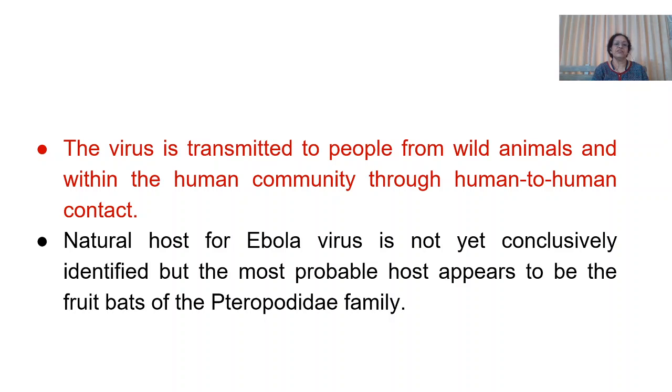That is, this is a zoonotic type of disease. The natural host for Ebola virus is not yet conclusively identified, but the most probable host appears to be fruit bats. These fruit bats are from the Pteropodidae family.